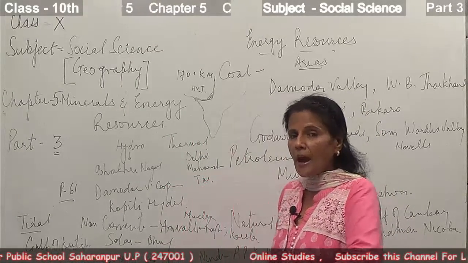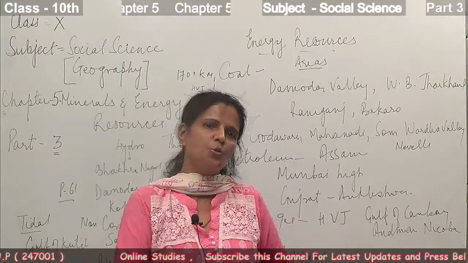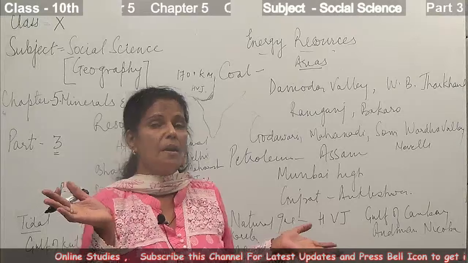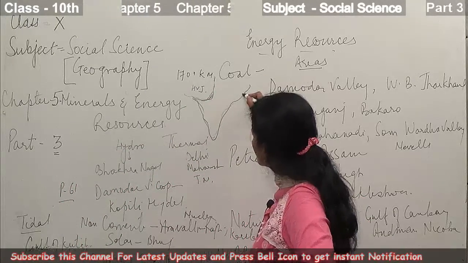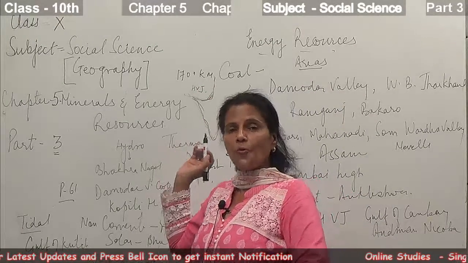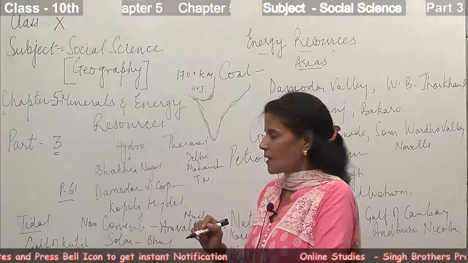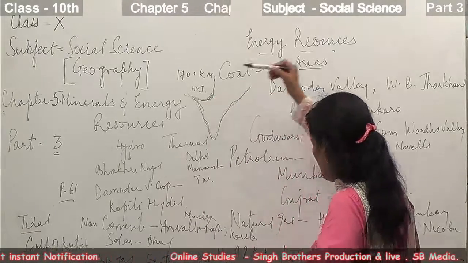Correct? Then we have wind power or wind energy. India is known to be the wind superpower in the world because of the two long coastal lines, western coast and eastern coast. These coastal lines provide a very good scope for wind energy. So this is an important non-conventional source of energy in India.